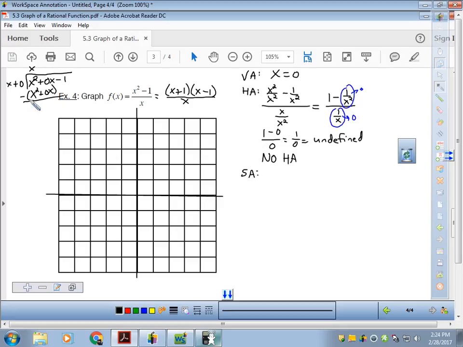Subtract. Everything cancels, so I just have 0. And then I drop down the minus 1. So I have 0 minus 1, which is negative 1. That's a remainder. Remember that remainders have no effect, so we don't really worry about that. We just worry about our answer. So our slant asymptote is at y equals x.